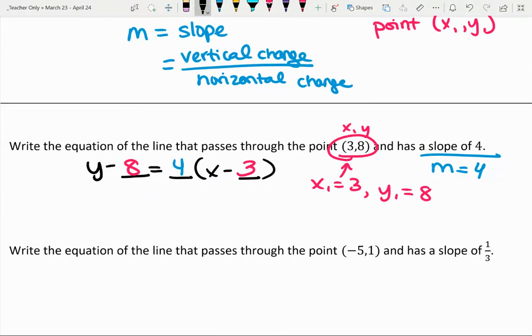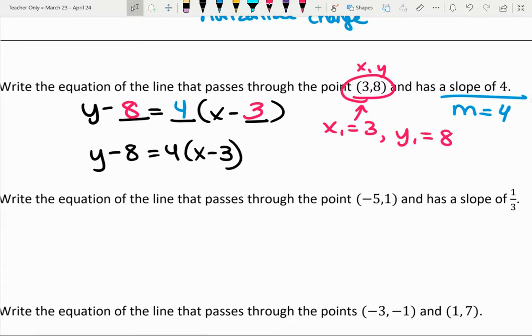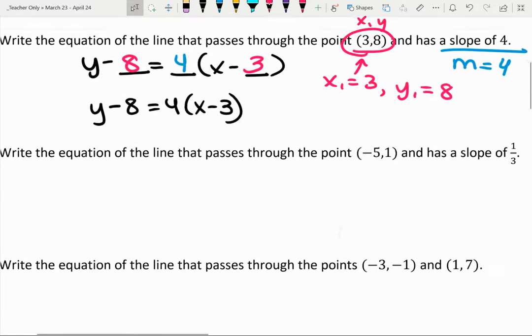So if I really just wanted to simplify this, I could, I'll just rewrite it here. And that's all there is to it for writing in point-slope form. Sometimes we may have to clean it up, depending on those negative signs. But if we know a point and we know a slope, then we're good to go.